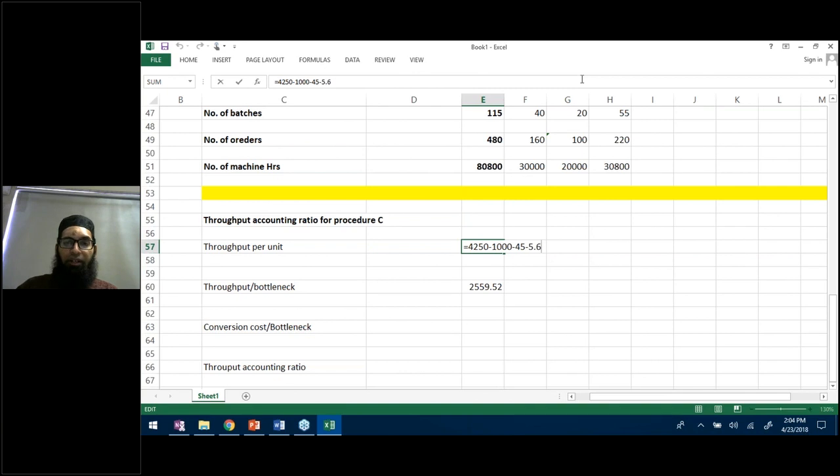So I have deducted all 3 different kinds of material costs to get the throughput per unit. And then we have to calculate the throughput per bottleneck. So the formula will be throughput per hour divided by surgeon hours per unit. This is because surgeon hours is our bottleneck. Right?